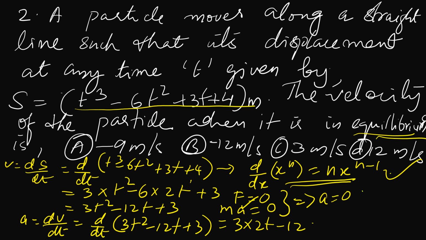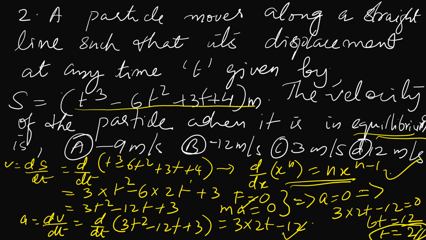That means 3 into 2t minus 12 equal to 0, or 6t equal to 12, or t equal to 12 by 6. Substitute this value of t in the equation so that we will get the velocity.